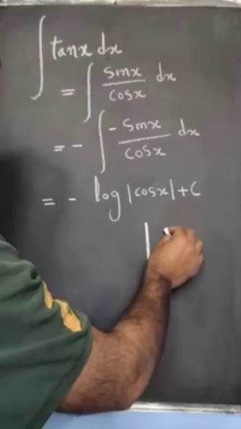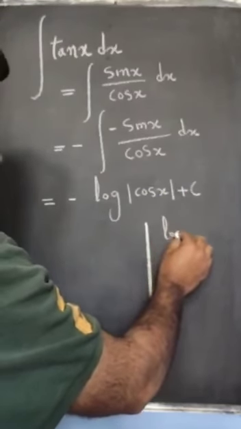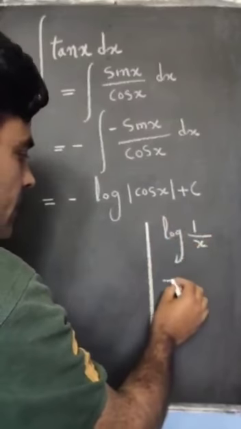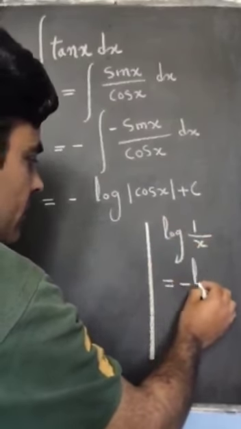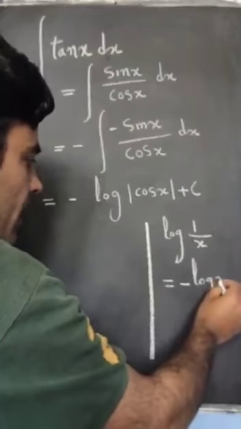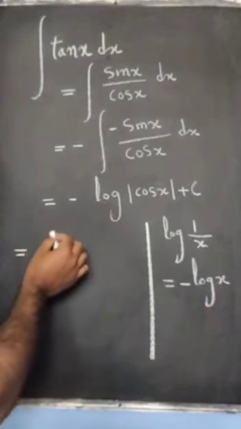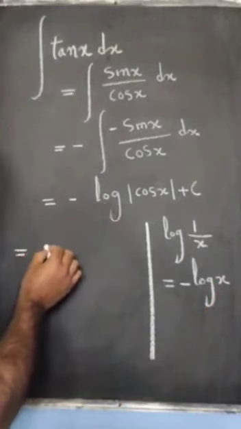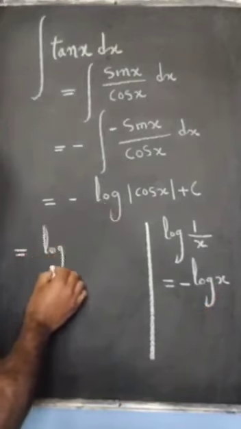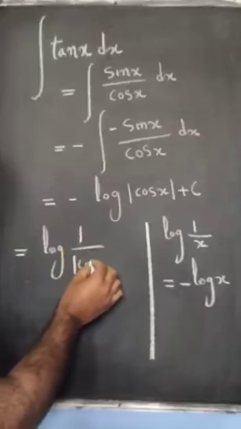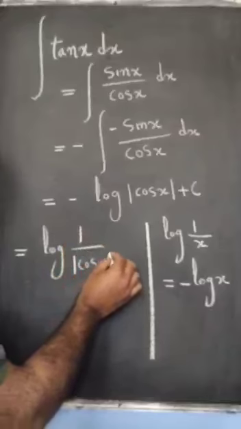Since we know that log of 1 by x is equal to minus times log of x, therefore we can write this as log of 1 by mod of cos x.